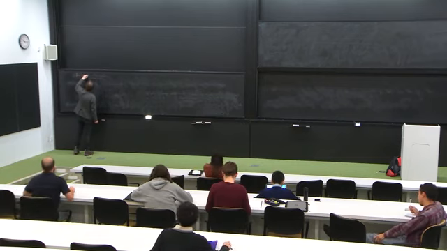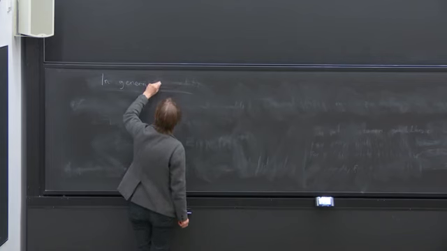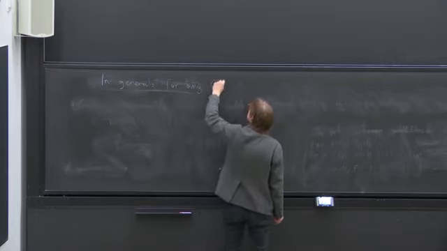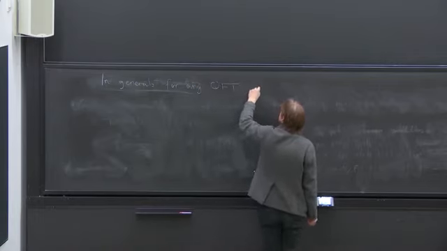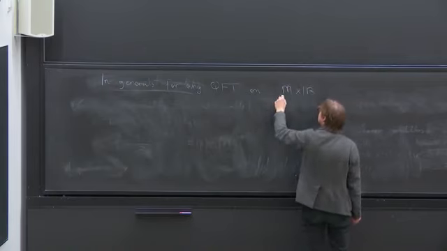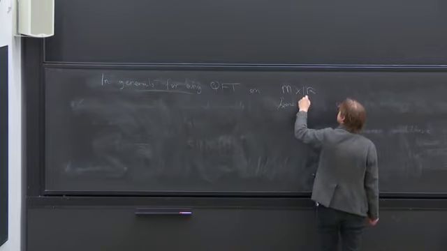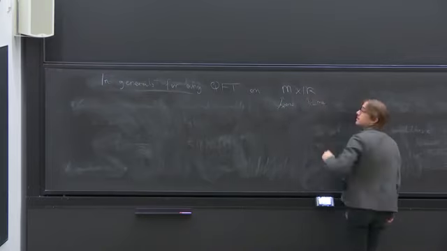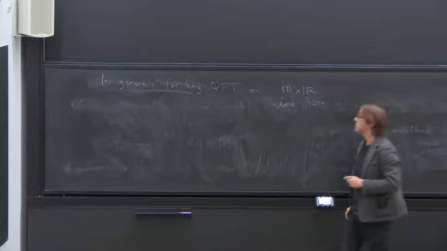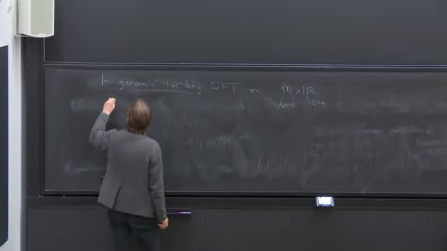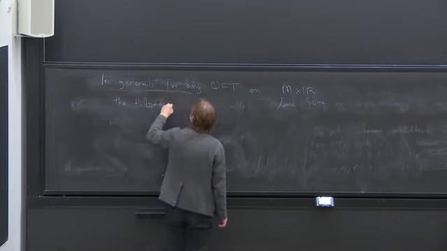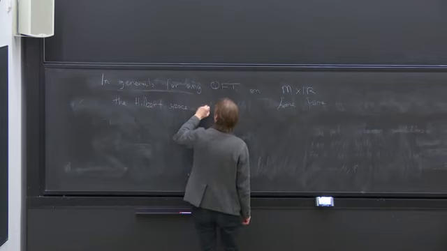So in general, let me remind you of something I mentioned the other day. For any quantum field theory on, say, some manifold M cross R, where we think of M as space and R as time, and whether the signature is Euclidean or Lorentzian doesn't really matter very much for this discussion, the Hilbert space is defined as follows.